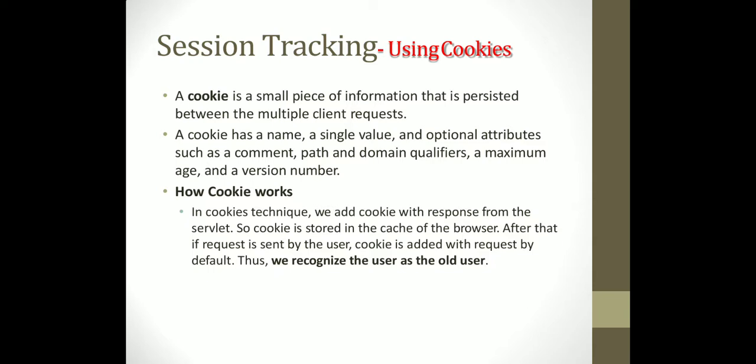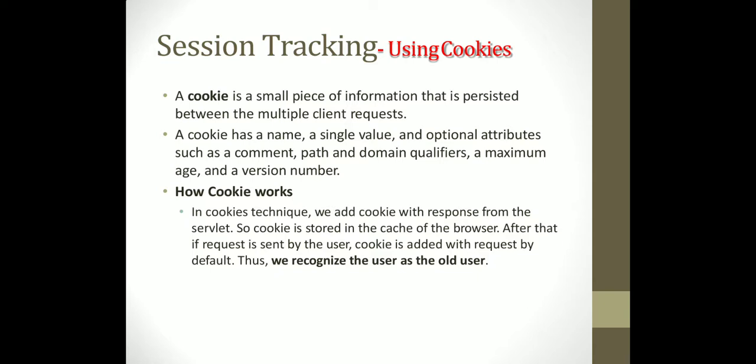A cookie is a small piece of information that is persisted between multiple client requests. A cookie has a name, a single value, and optional attributes such as comment, path, and domain qualifier. How does a cookie work in session management?